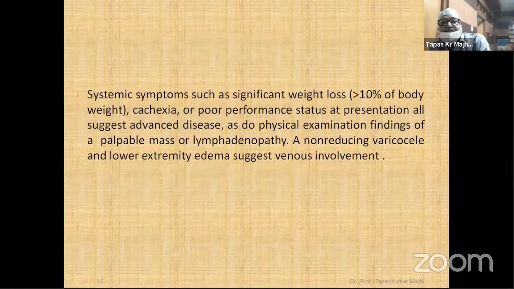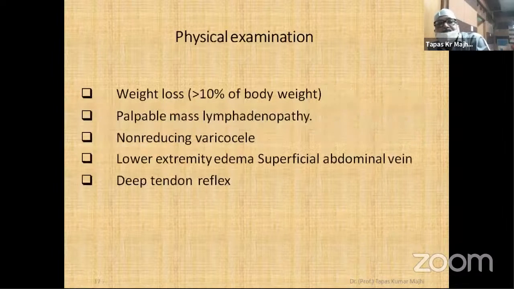Systemic symptoms such as significant weight loss, cachexia, and poor performance status at presentation, like any advanced malignancy, are also found in patients with RCC, as are physical examination findings: palpable mass, lymphadenopathy, non-reducing varicocele, and lower extremity edema, which suggest venous involvement.